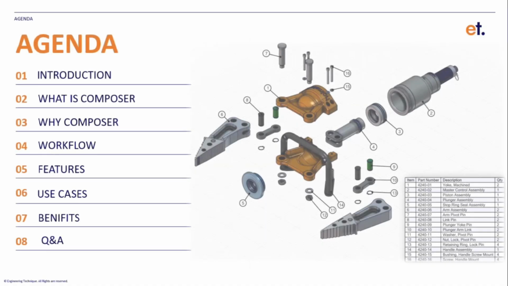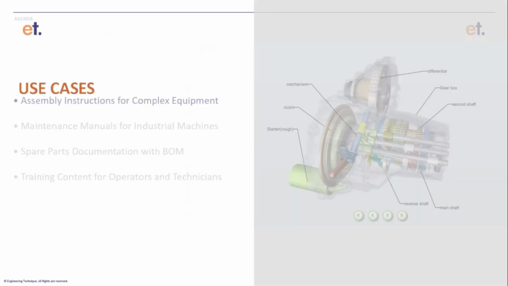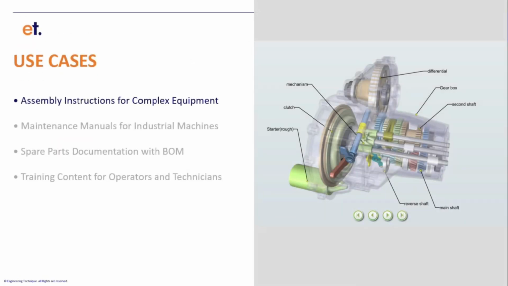Now let us look at some important use cases of SOLIDWORKS Composer. Composer is widely used in different areas where clear and visual documentation is required. One major use case is creating assembly instructions for complex equipment. We can clearly show internal components, step by step assembly, and part position.